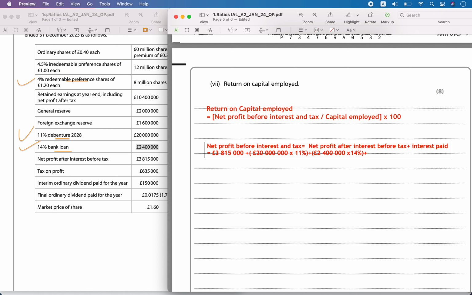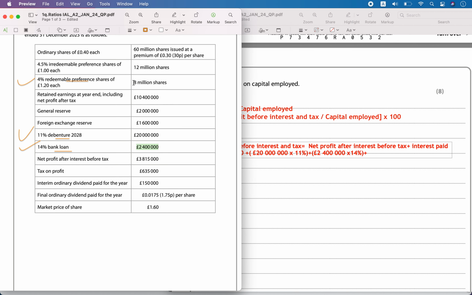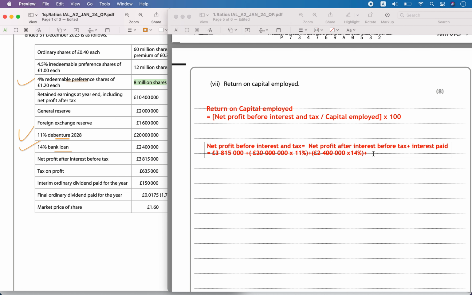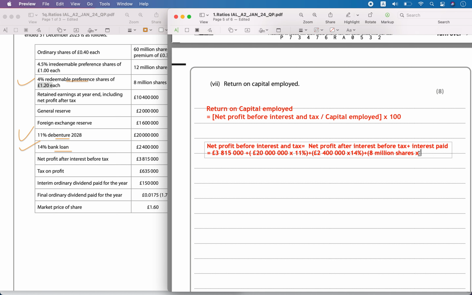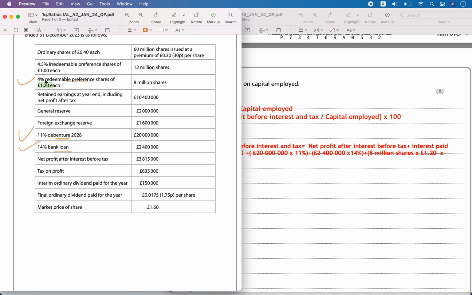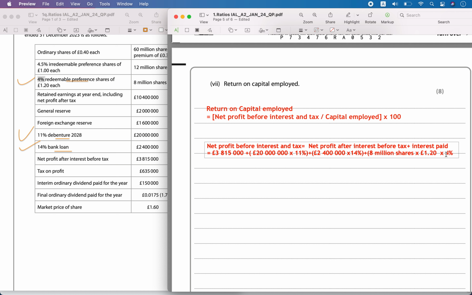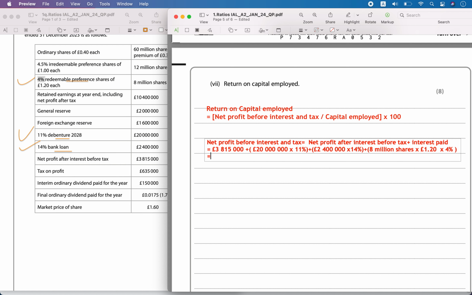Plus we have interest on redeemable preference shares. It is also a liability. So 8 million shares, 1.2 pounds, at 4%. That many shares are being paid dividend. All this we have to add up.